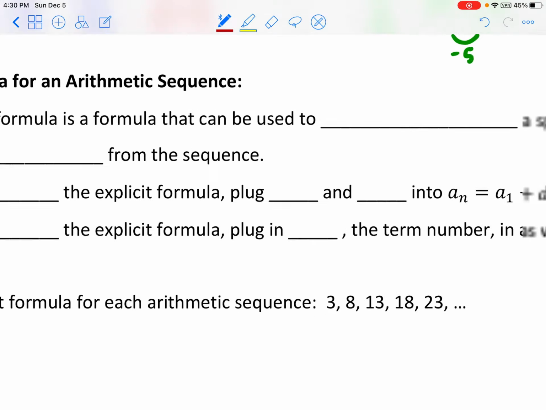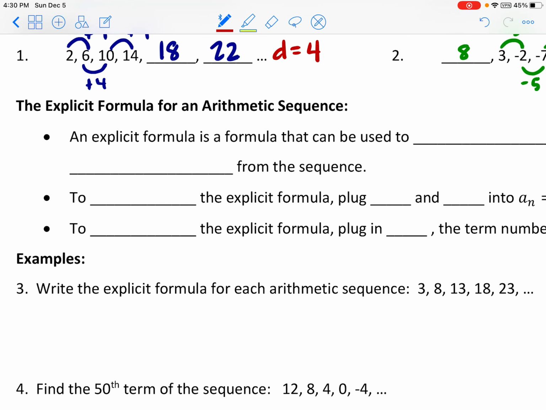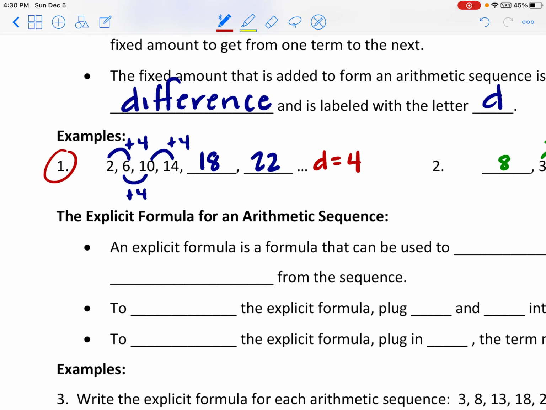Now, we're going to look at something called an explicit formula for an arithmetic sequence. The purpose of this explicit formula is to find any term that's on the list. If I give you a list like example 1 here and ask you for the 4th term, that's not a big deal. Or the 5th term, I could just add 4 to the 4th term.